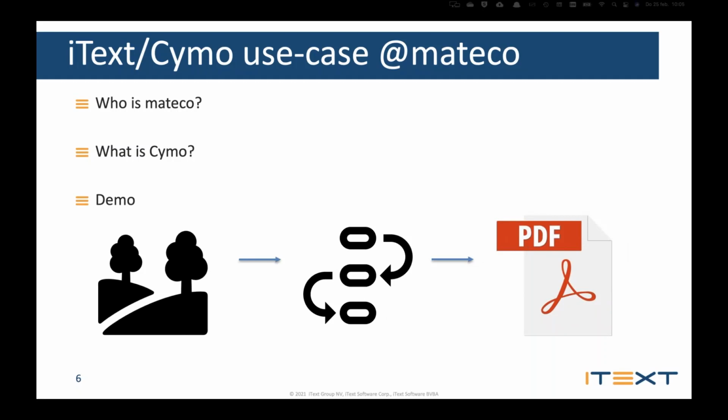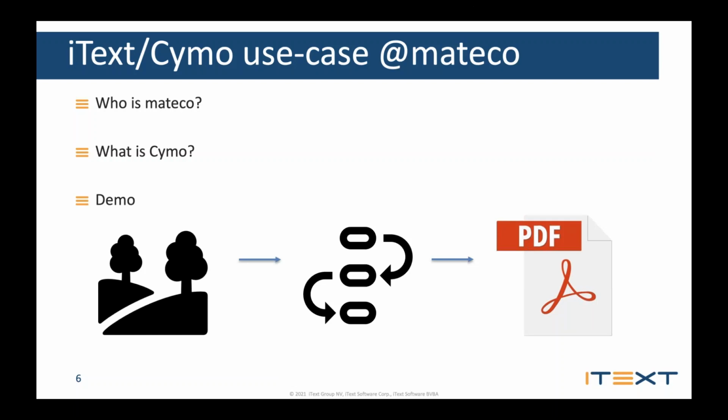What is Cymo, and what is Cymo offering? What is the Cymo platform? And then we'll try to do a small demo to show you how we approached PDF generation in this particular case. I must say it's not the classical way. We'll show you the landscape that we used and how we processed the information to get to the events. So let's get started.